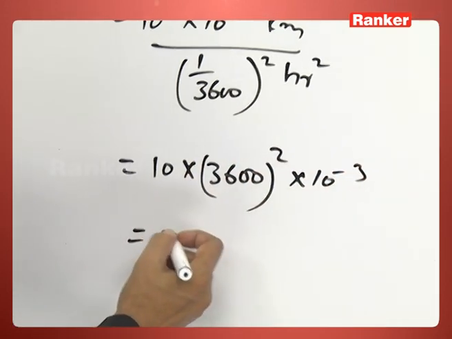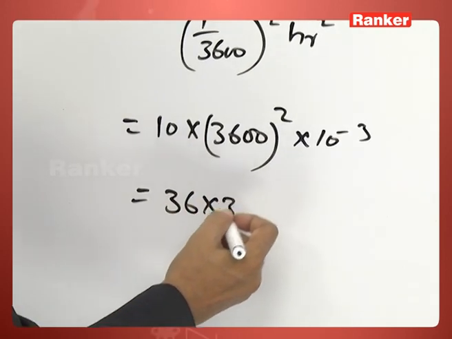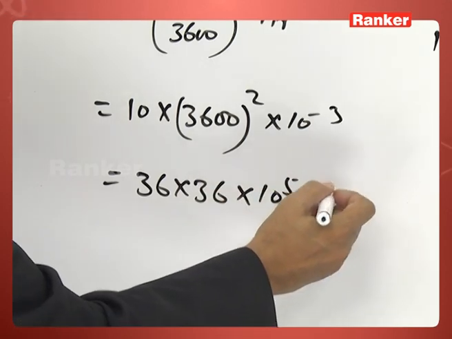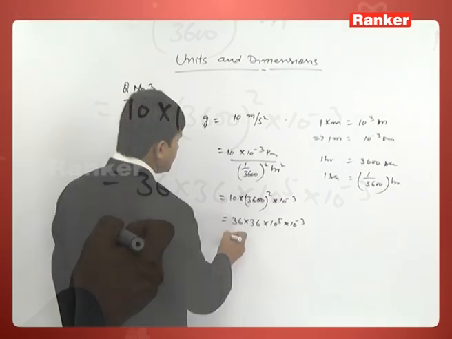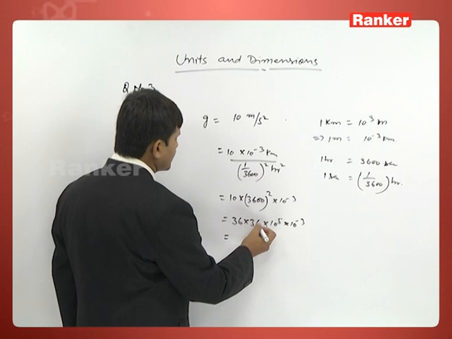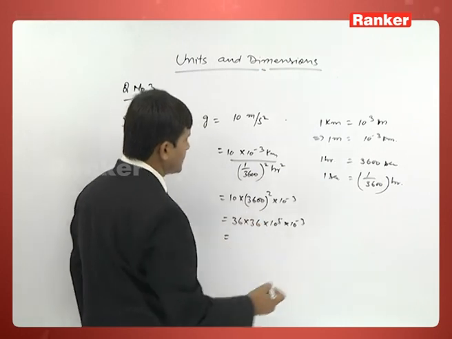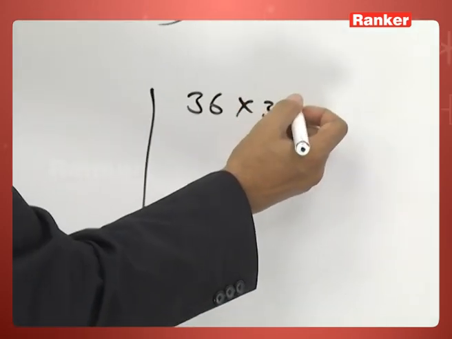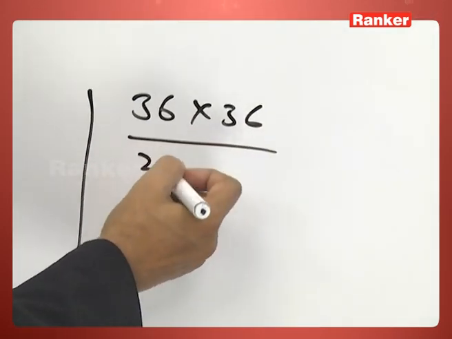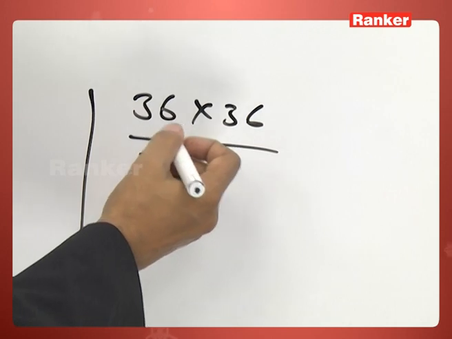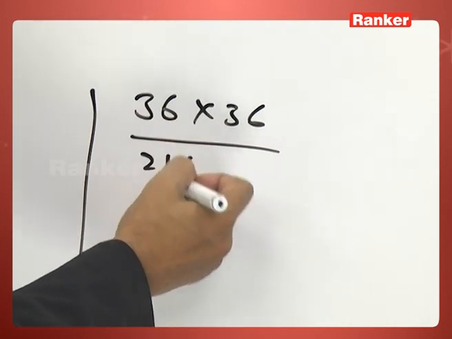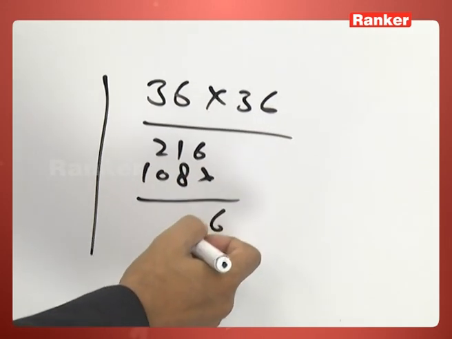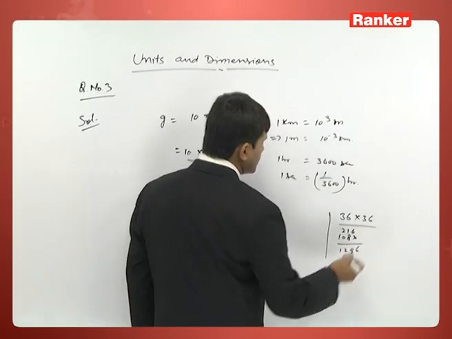So this is 36 into 36 into 10 to power 5 into 10 power minus 3. So that will be 36 into 36. We can make a calculation here. So 36 into 36, 216 into 108, 6912.